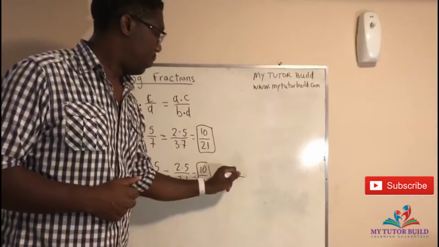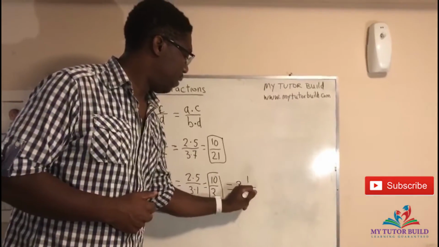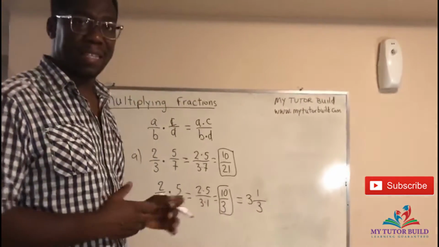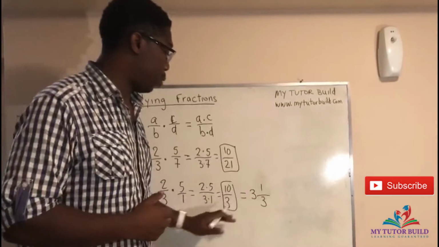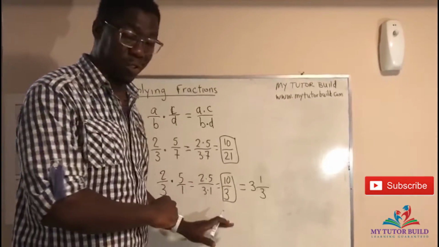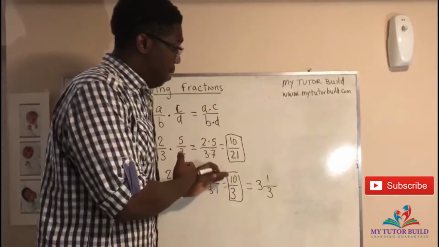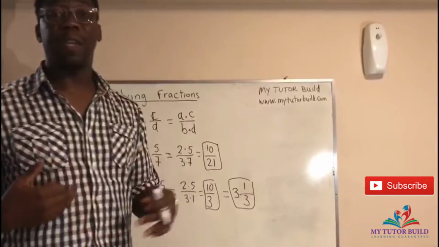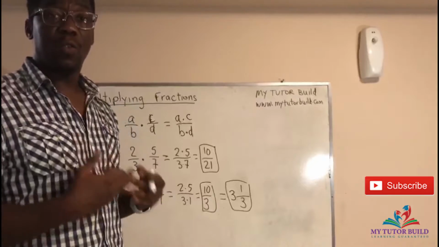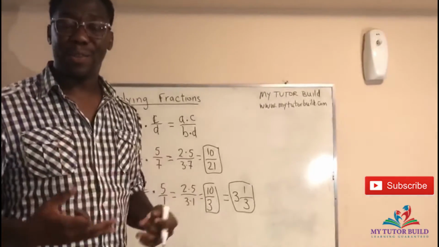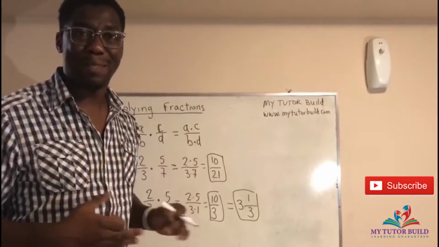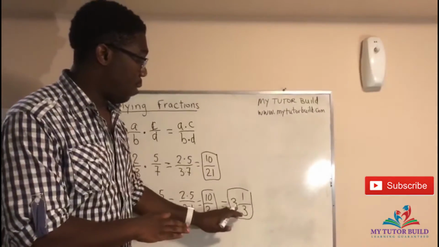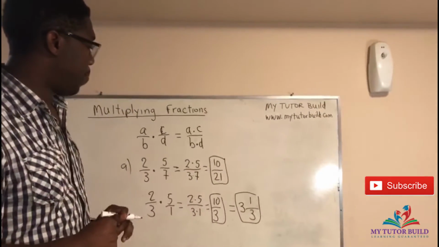The remainder is 1, so 1 over 3. That is a mixed number. So you can either express your answer as an improper fraction or a mixed number. It doesn't matter. We're going to cover mixed numbers, fraction notation, and decimal notation in a different video, but for now, let's go with only fractions.